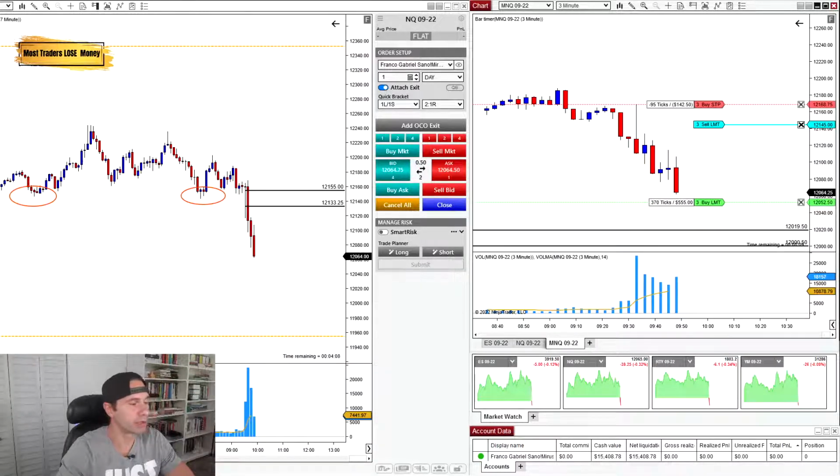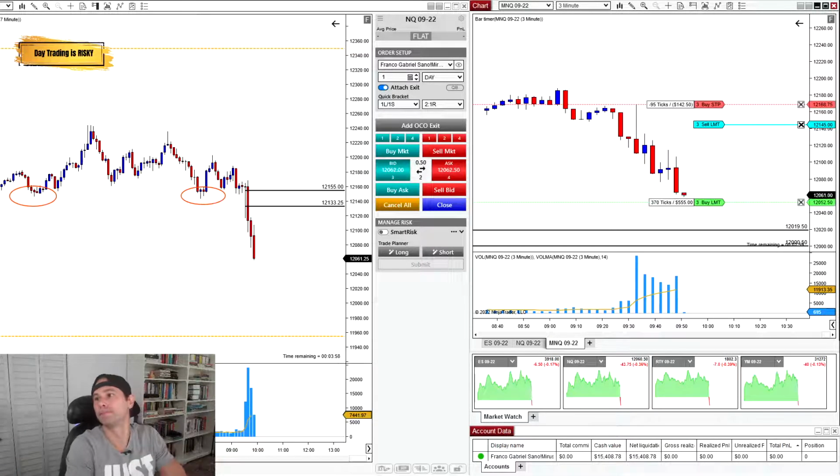Tick chart barely touches the zero line and then starts to come down. 12 minutes for the 10 a.m. candle close.